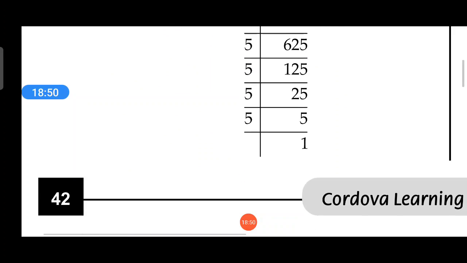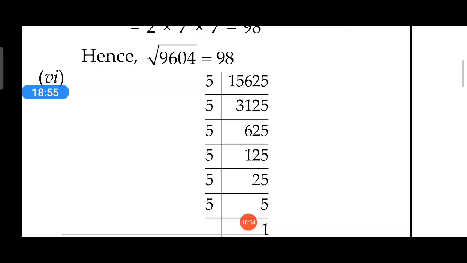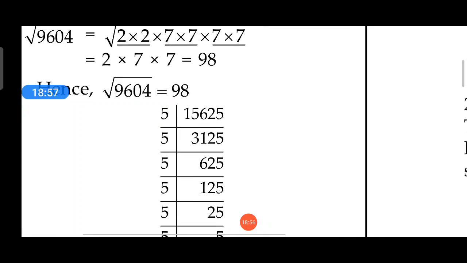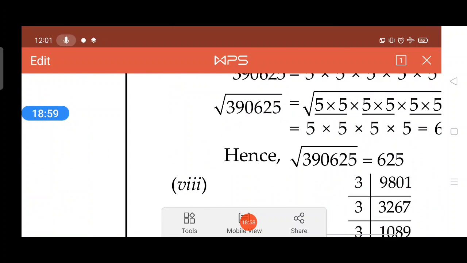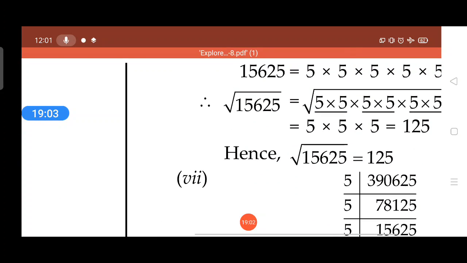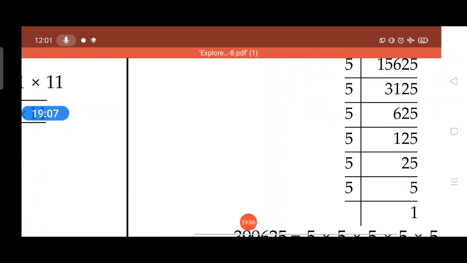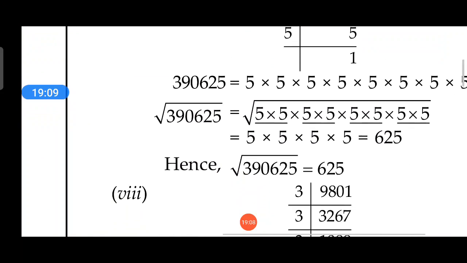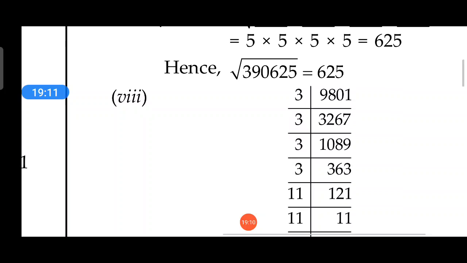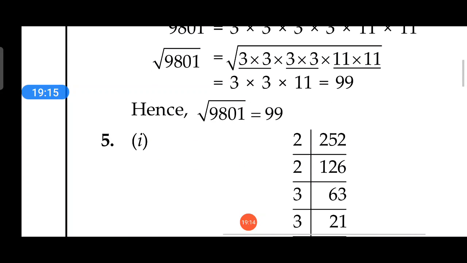Sixth answer is here 15,625, so it will be 125. Then 7th you will get 625. 8th you will get as 99.